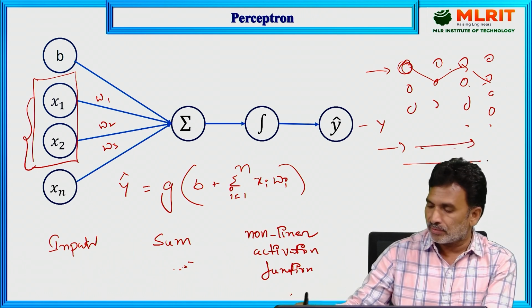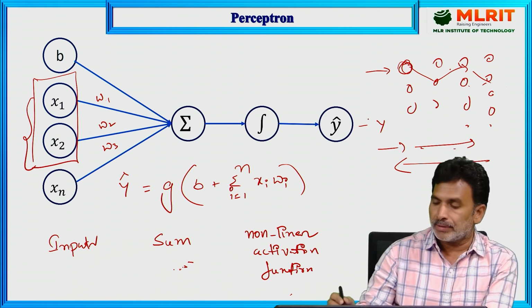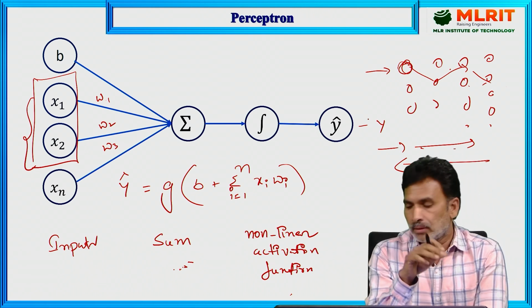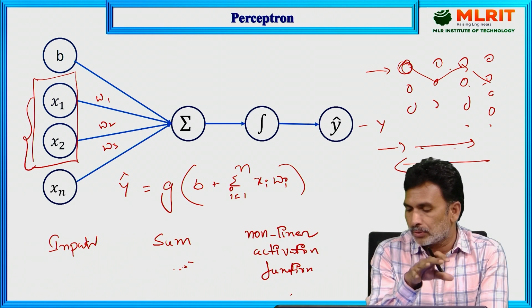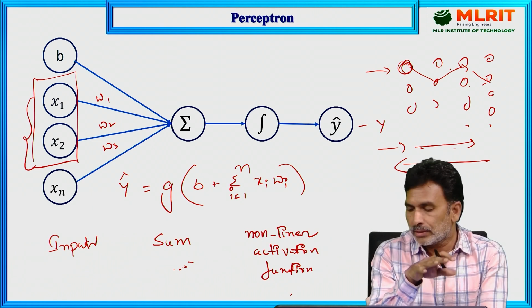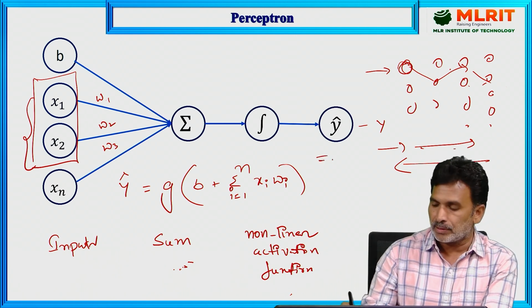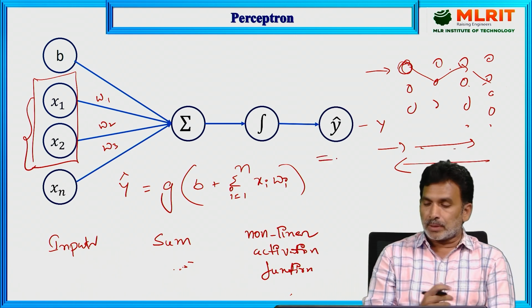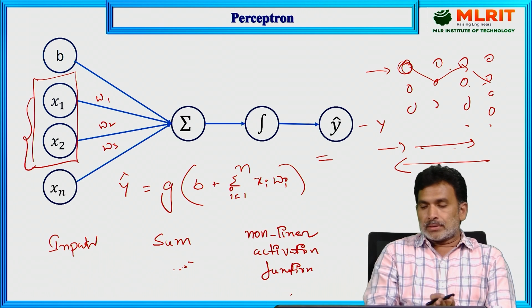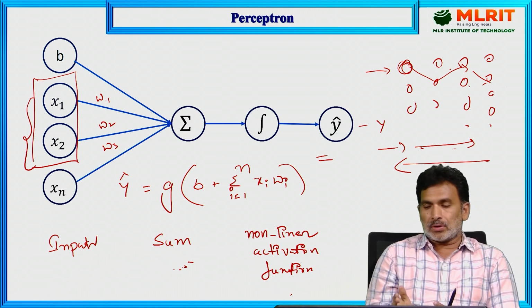Whereas backward propagation means, suppose there is an error, that is, there is a difference between the expected output and the predicted output value. The difference between the predicted value and the expected, the original value, is called an error.